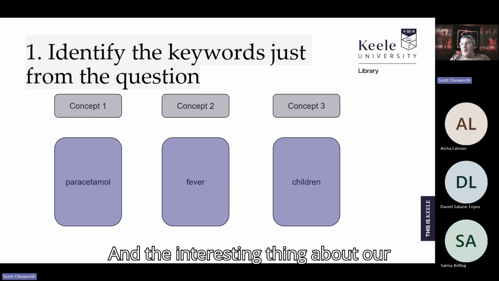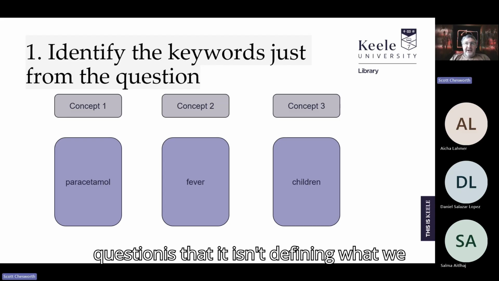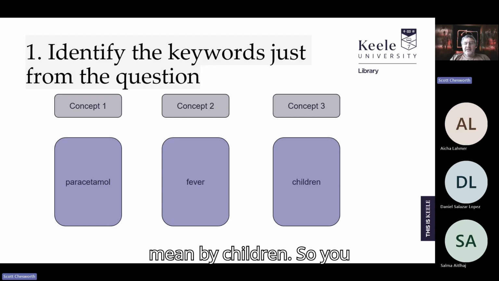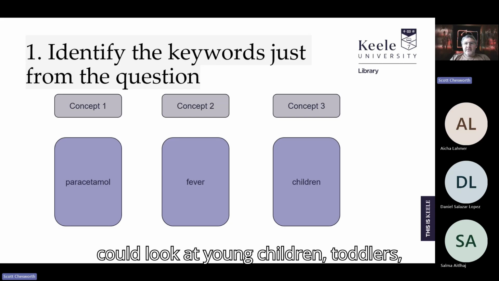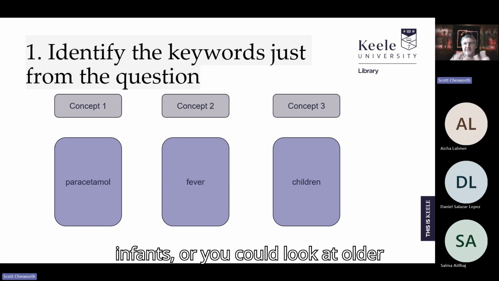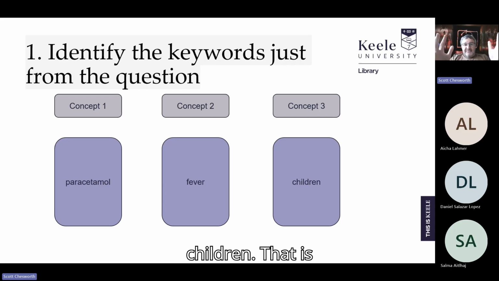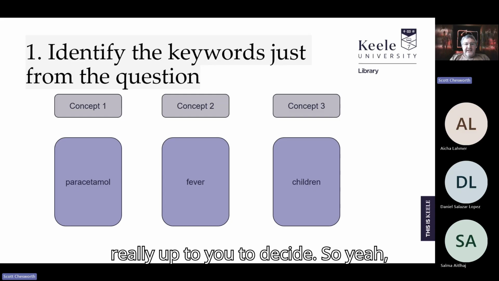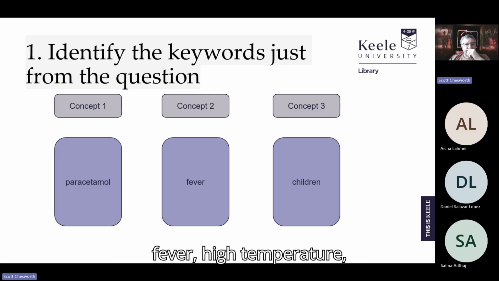And the interesting thing about our question is that it isn't defining what we mean by children. So you could look at young children, toddlers, infants, or you could look at older children. That is really up to you to decide. So yeah, fever, high temperature, paracetamol. You could use different brand names.